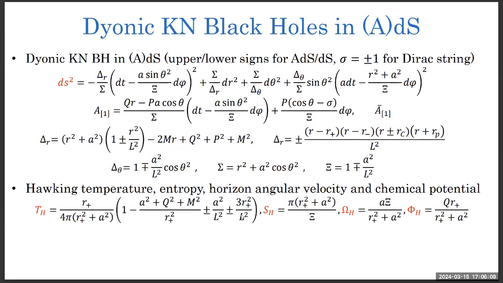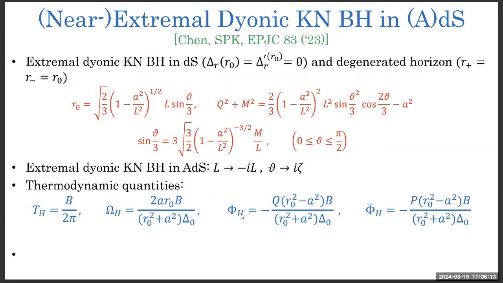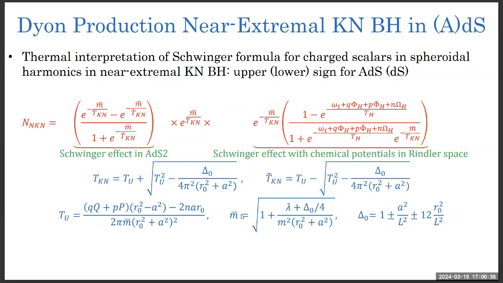The Hawking temperature, entropy, chemical potentials, etc. Now, near extremal dyonic Kerr-Newman black hole, it has the Hawking temperature, the chemical potential for electric charge, and the chemical potential for magnetic charges. And the entropy.